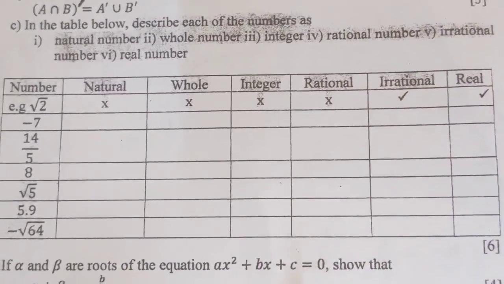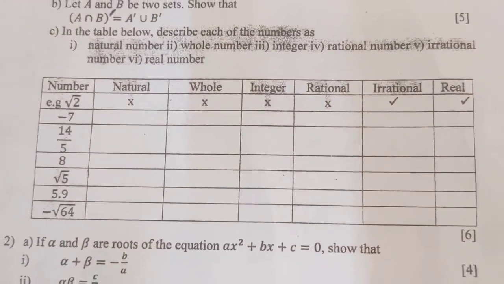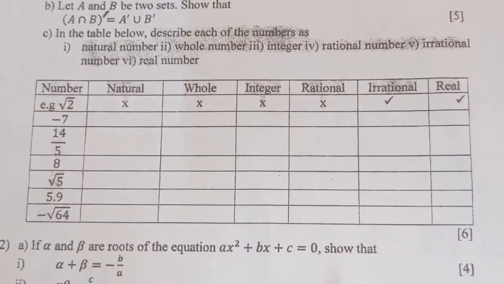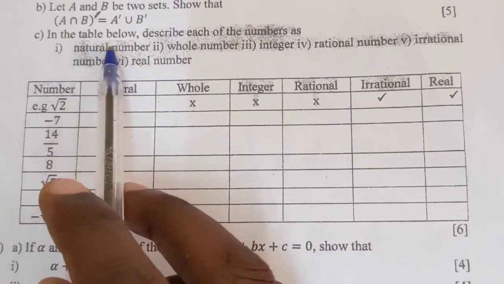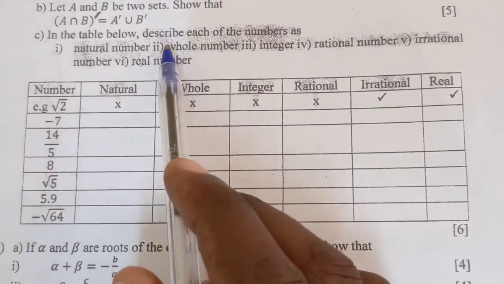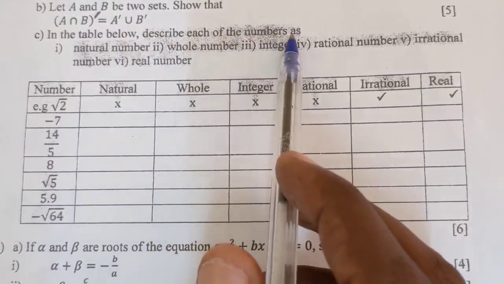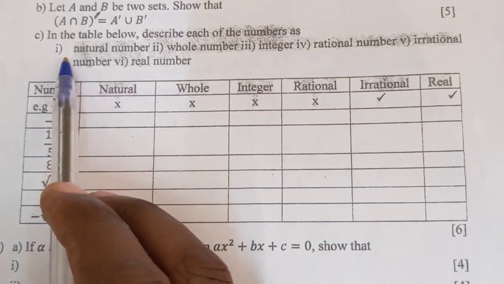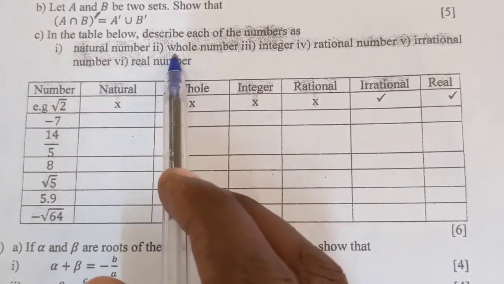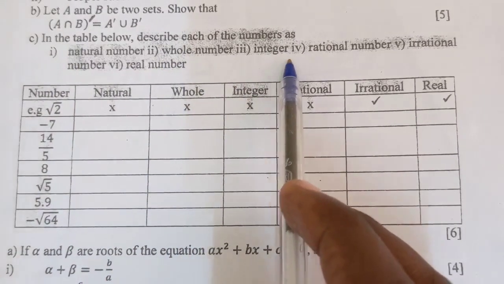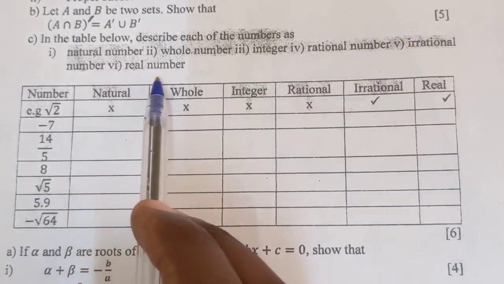I'm sure you're able to see. It says that in the table below, describe each of the numbers as: 1, natural numbers, 2, whole numbers, 3, integers, rational numbers, irrational numbers, and real numbers.